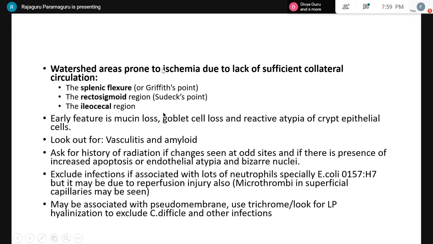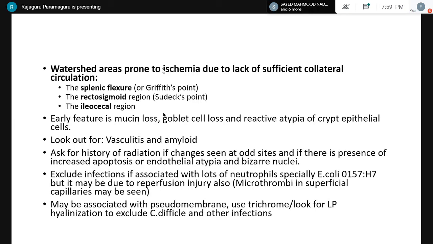And if you find the apoptosis to be increased, or if you find endothelial cell atypia or some bizarre nuclei, you will have to have a differential of radiation-induced colitis also. So when you ask for history, you can solve that.